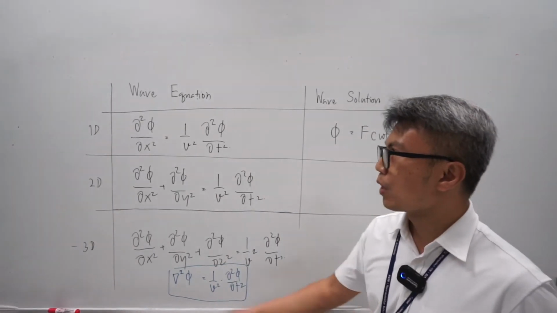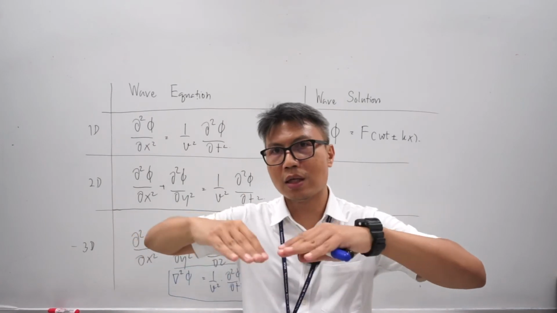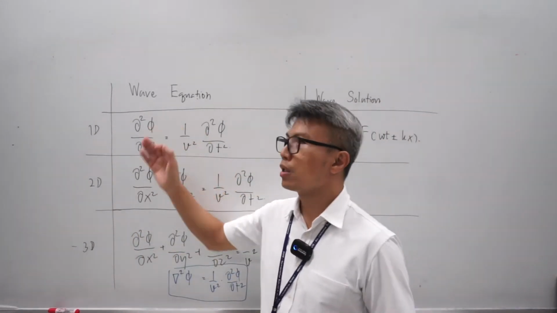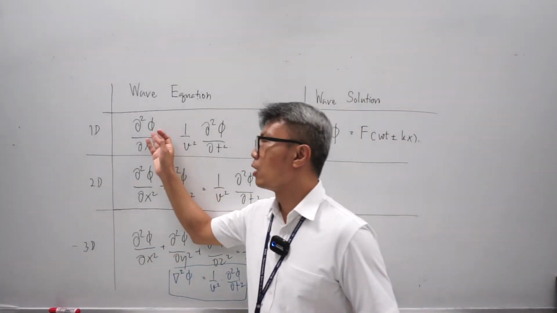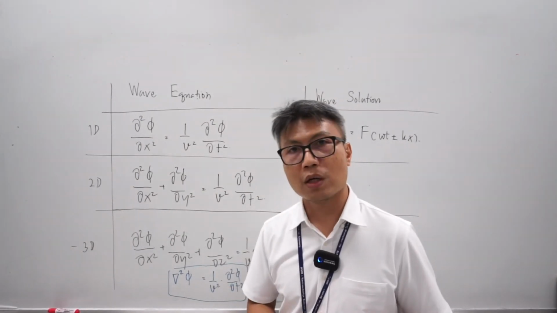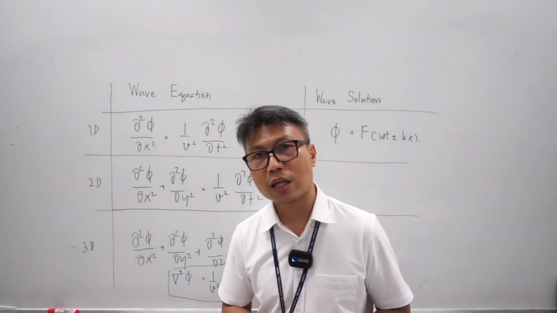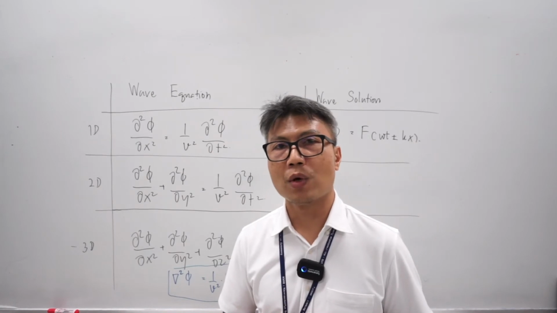But if the quantity can appear as a mathematical function, and if your mathematical function satisfies this equation, we can say that the quantity can appear as a wave. That is our goal for this course: to show that the electric field and the magnetic field can appear as waves as well.